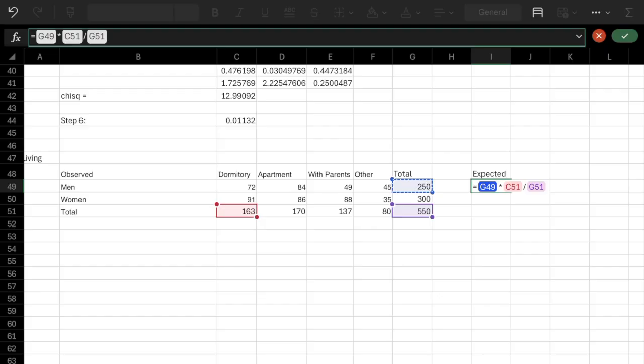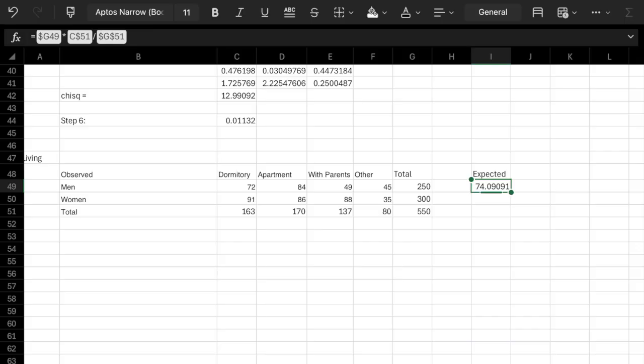Okay, now let's see. Now it's the row total. I don't want the column to change, so I'll make that a dollar sign G. Column total, I don't want the row to change, so I'll put a dollar sign in front of the 51, the row. For the grand total, I want neither of them to change, so I'm going to go like that.